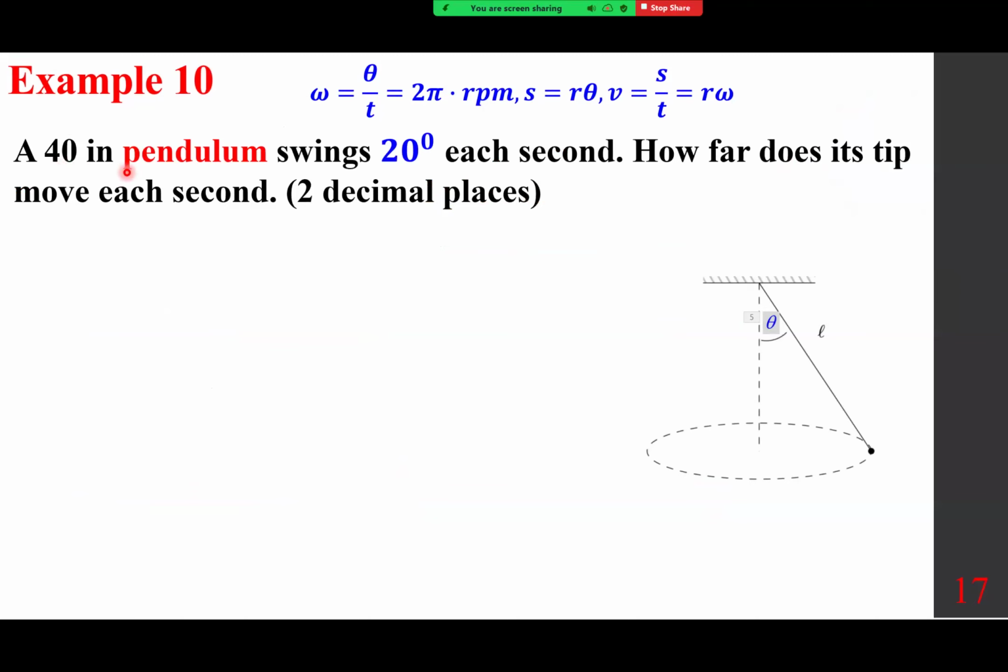A 40-inch pendulum swings 20 degrees each second. How far does its tip move each second? What is given?